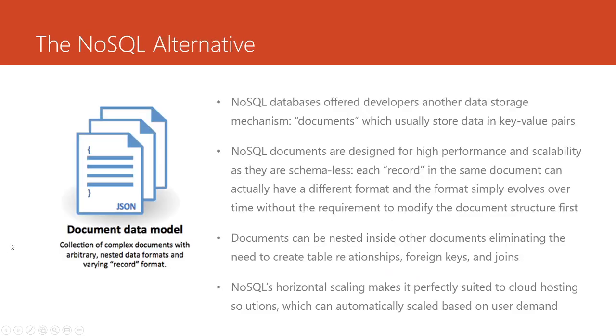So what I want to do is briefly talk about a couple of differences here. When you look at the language around a NoSQL database, it's important to understand that you don't use tables. You use something called a collection.